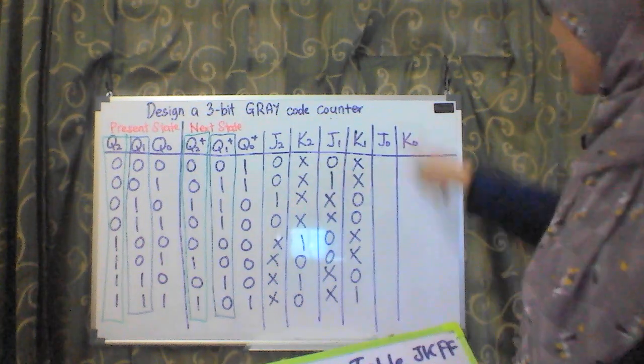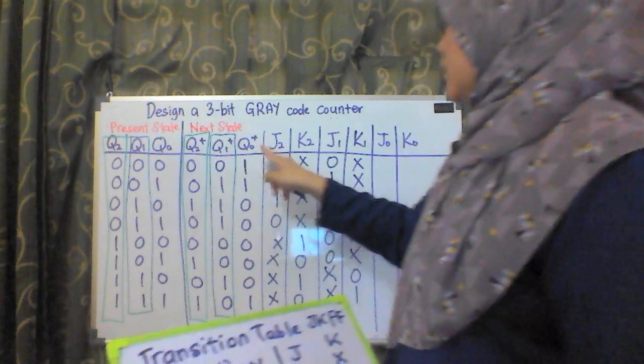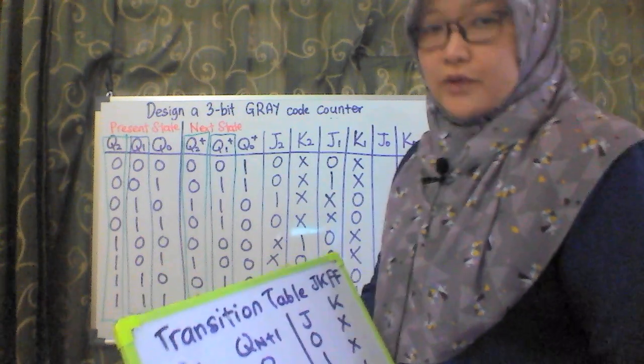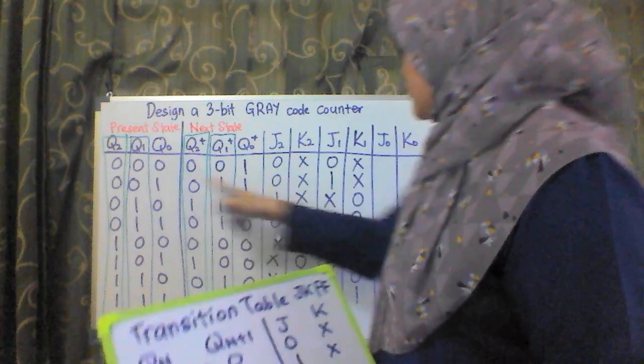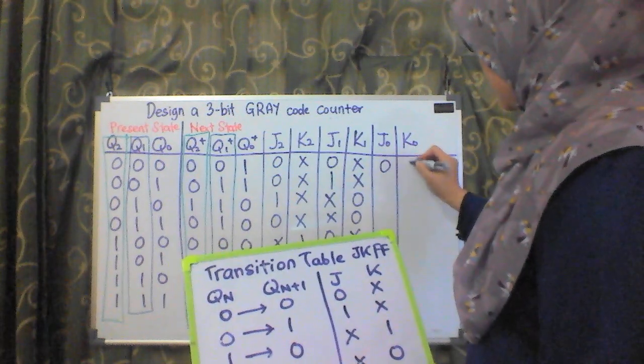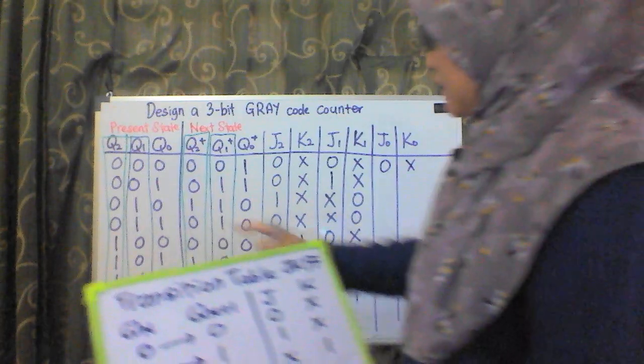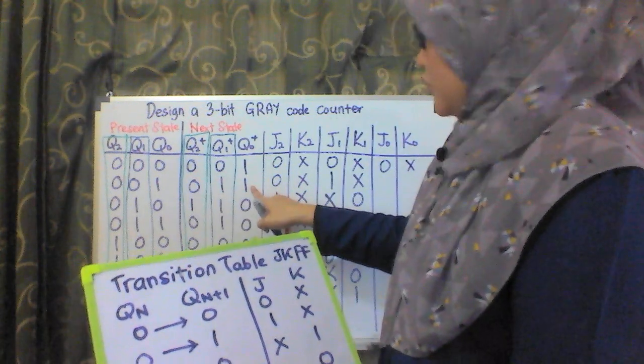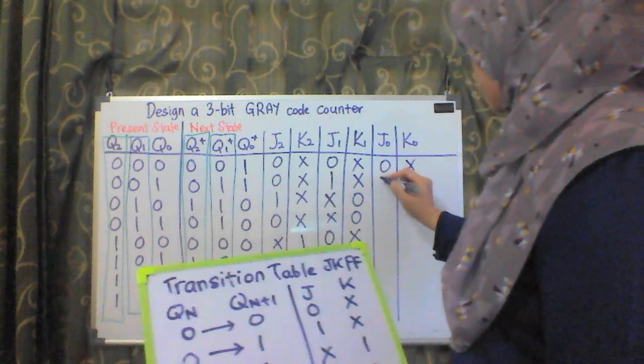How about the next? The last column, Q naught to the next state of Q naught. So, 0 to 1, it should be 1 and X. 1 to 1, X and 0.